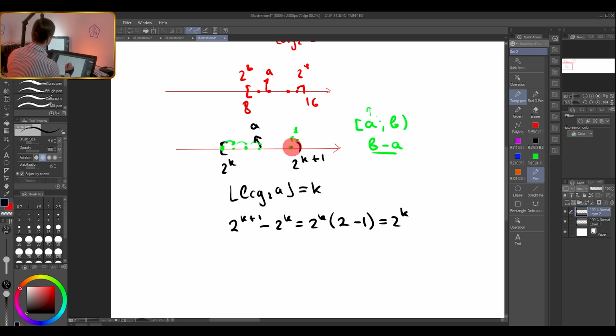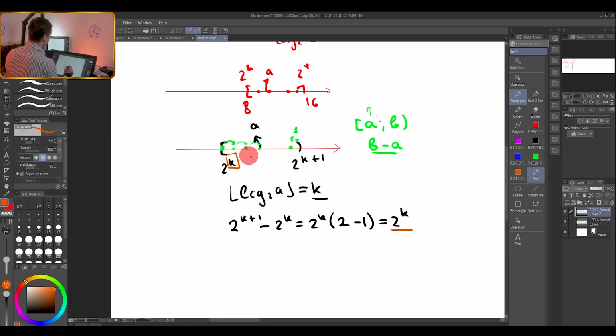When we go through such an interval, each integer that comes here will provide us a summand that is equal to k. It is the power of 2 on the left end of the segment. And how many summands do we have here? Well, it's exactly the number of integer values of a in this interval.